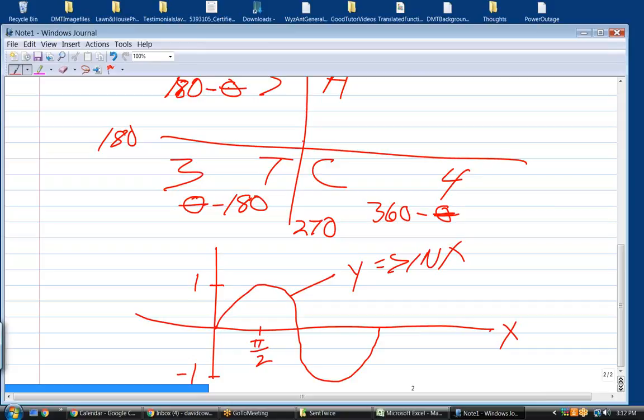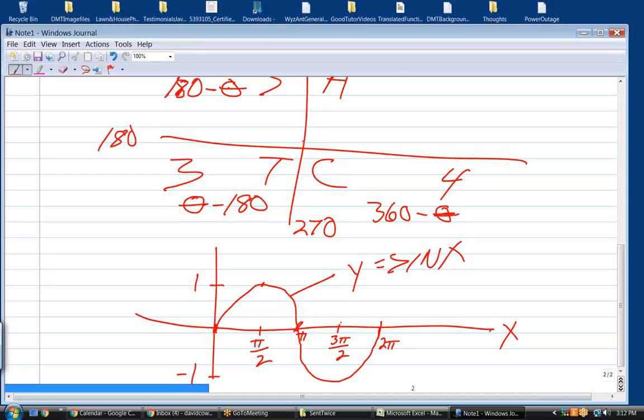Right. No, we use radians as well. Okay. That's pi. That's 3 pi over 2. And that's 2 pi. In other words, all of your key points occur at these quarter points, is what they're called. And so the sine of 0 is 0. The sine of 90 degrees is plus 1. The sine of 180 degrees is 0, and so forth and so on.